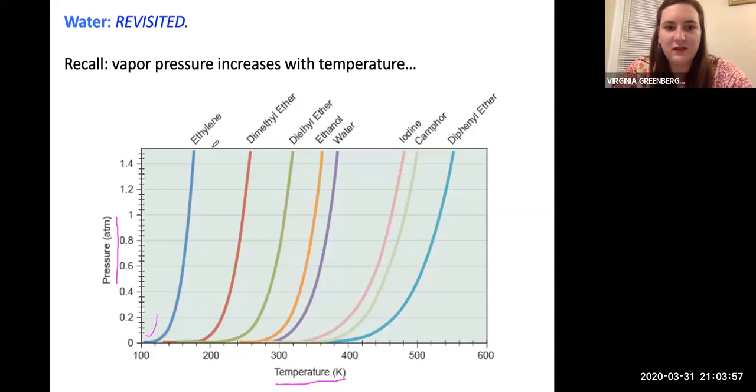So we have that for ethylene, for dimethyl ether, for diethyl ether, for ethanol, for water, for iodine camphor, diphenyl ether. Okay. And so we see the same kind of trend for each curve. And so we're going to discuss the origins of this shape shortly.